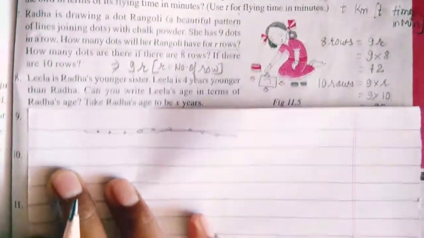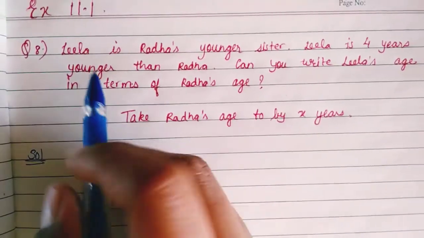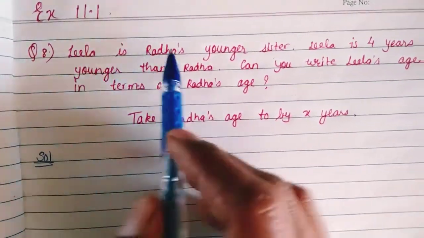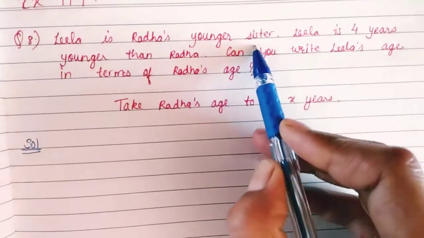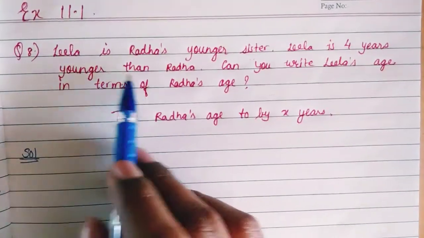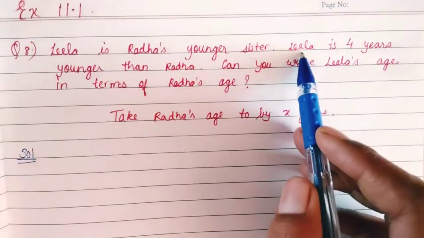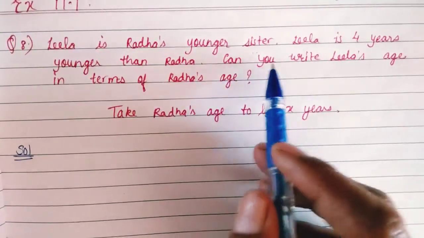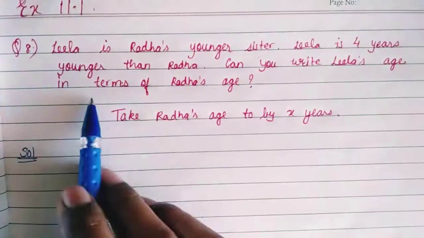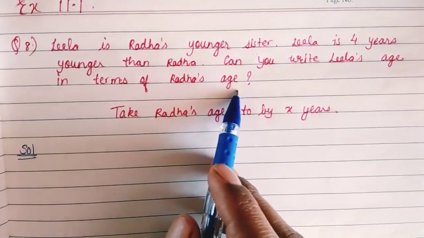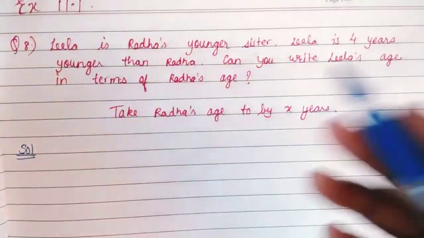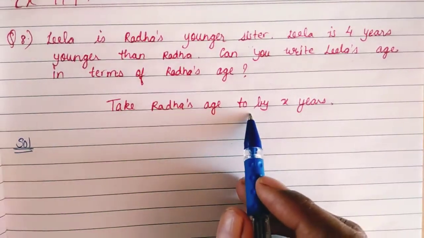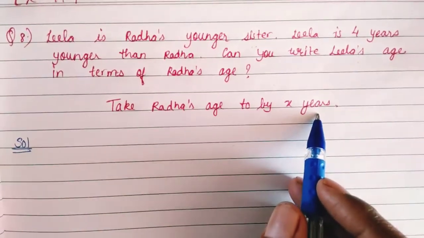Now the next question, question number 8, is: Leela is Radha's younger sister. Leela is 4 years younger than Radha, so Leela's age is 4 years less than Radha's. Can you write Leela's age in terms of Radha's age? Take Radha's age as x years.